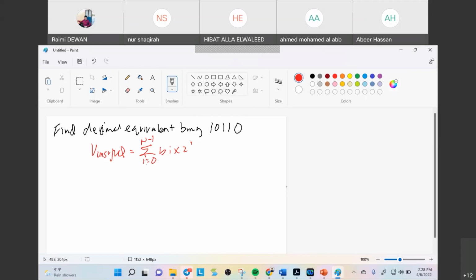The first one will be i equals 0. How many bits do we have here? 1, 2, 3, 4, 5 bits. So we have 5 bits, so here it will be 5 minus 1.